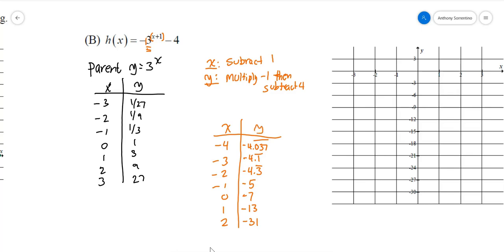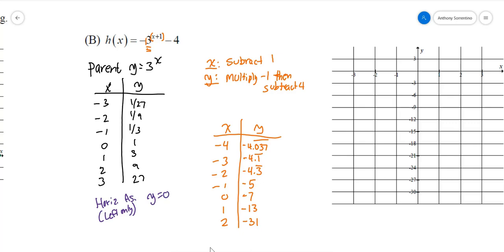It's also important to notice, remember we have asymptotes on these things, and so I can note here that this had a horizontal asymptote on the left only of y equals 0.